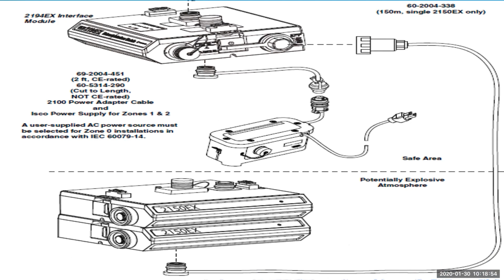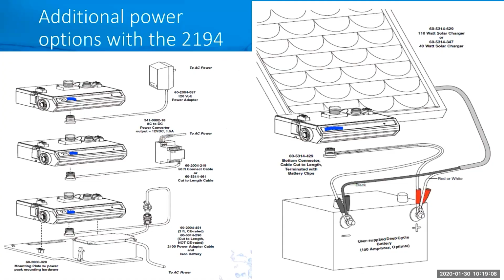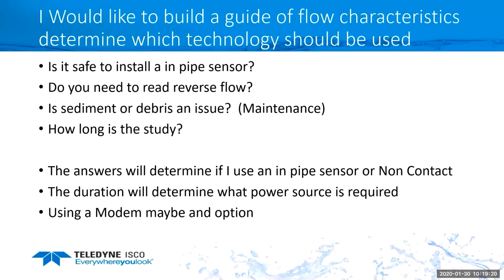The main thing is the 2150EX is in the hazardous area. We have a network cable that goes over to the network isolator, which is our 2194EX barrier. And with that, we can power it with an AC to DC power pack, solar panels, or batteries. So as long as we're in the safe area, we can use all the traditional options for powering the equipment.